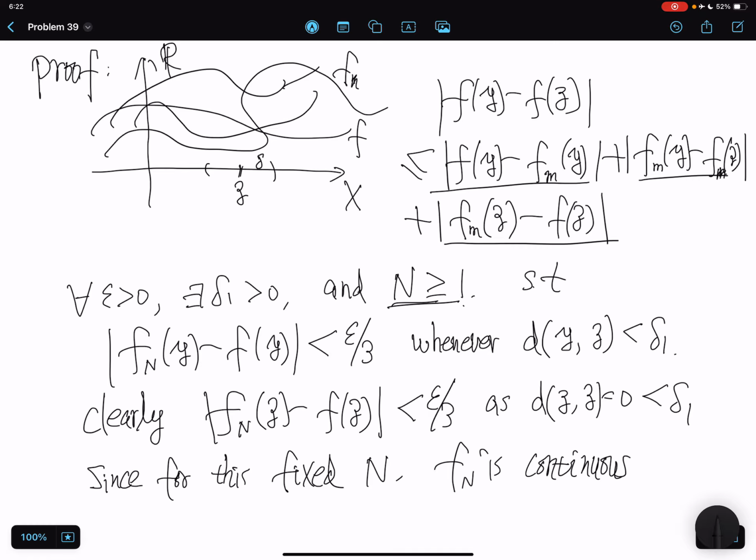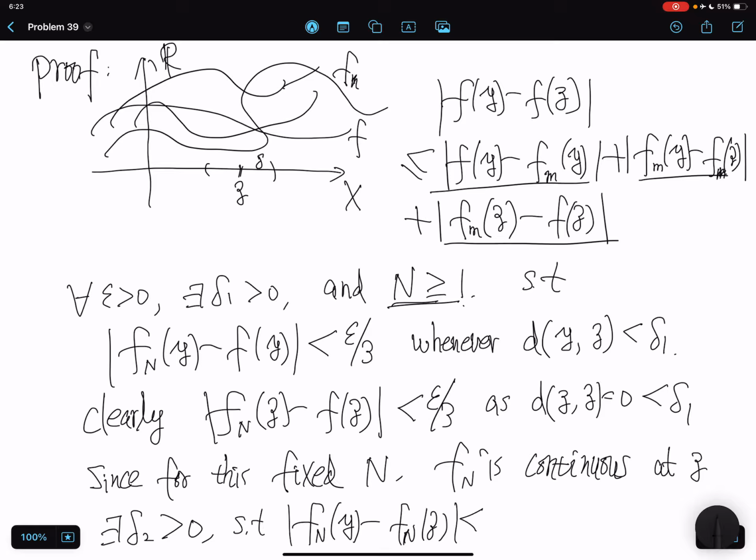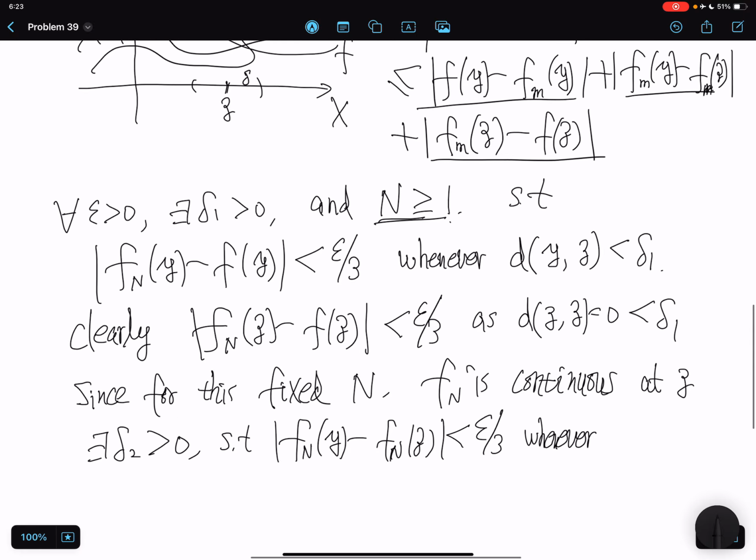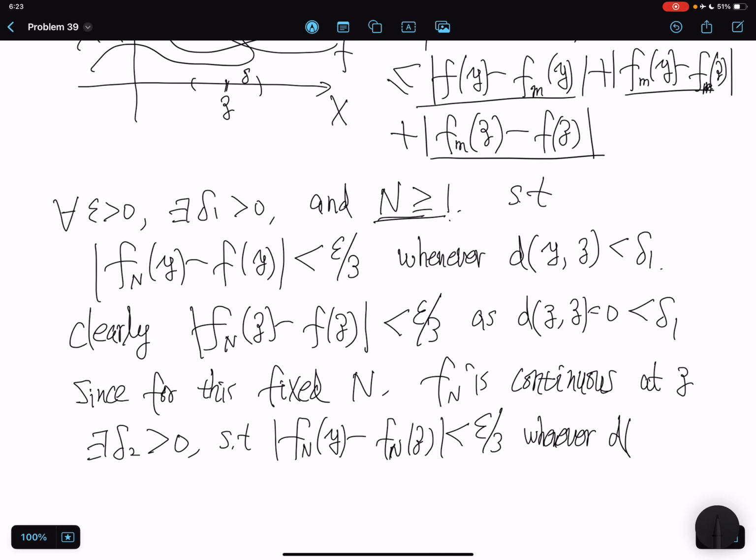It's continuous at this z, so we can find some delta 2 bigger than 0, such that the absolute value of f sub n of y minus f sub n of z is less than epsilon over 3 whenever the metric of y and z is less than delta 2.